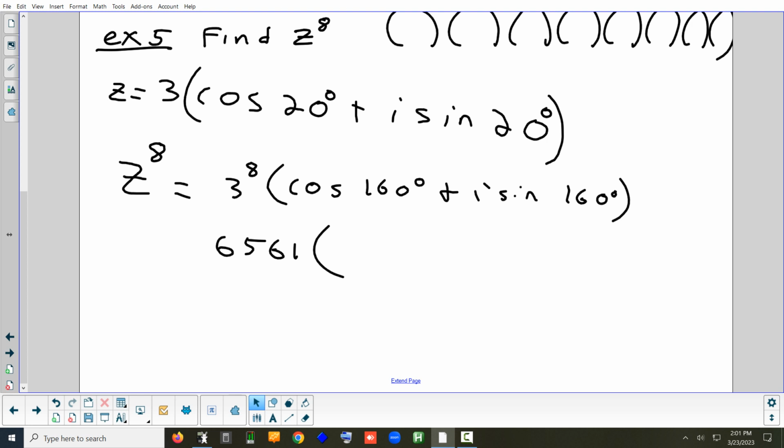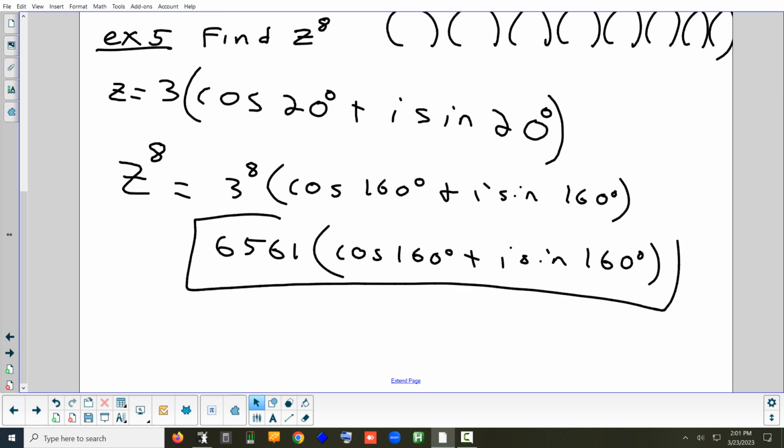So 6561 cosine 160 plus i sine 160. Any questions on that? Let's check one more with that theorem.